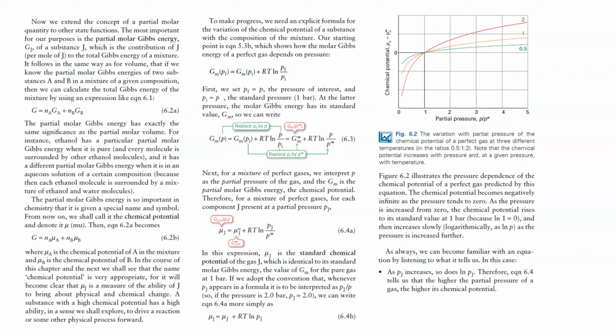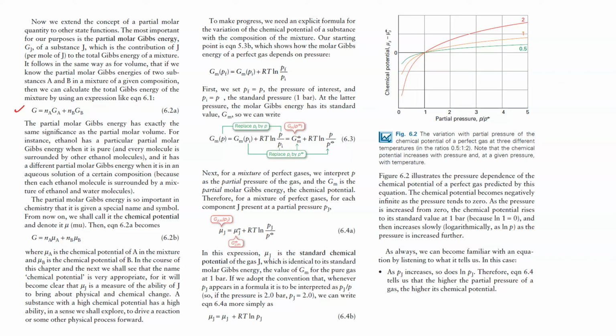Given that, we can look at equation 6.2a, where the total Gibbs free energy is equal to the moles of A times the partial molar Gibbs energy of A, plus the moles of B times the partial molar Gibbs energy of B. The partial molar Gibbs energy has exactly the same significance as the partial molar volume.